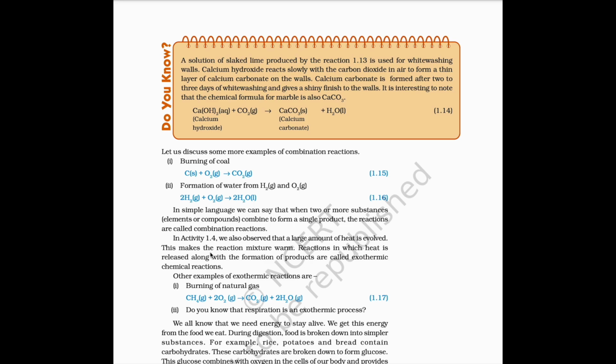Calcium carbonate is formed after 2 to 3 days of whitewashing and gives a shiny finish to the walls. It is interesting to note that the chemical formula for marble is also CaCO3. Ca(OH)2(aq) + CO2(g) converts to CaCO3(s), calcium carbonate, + H2O(l).